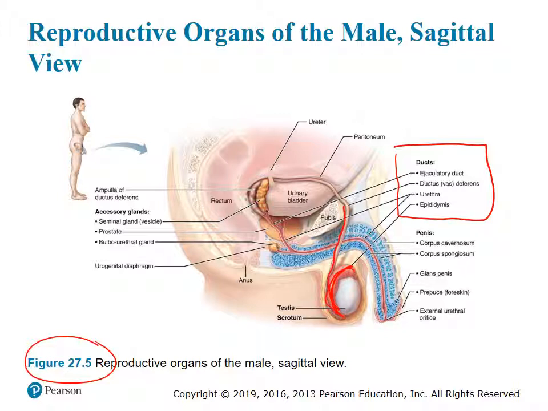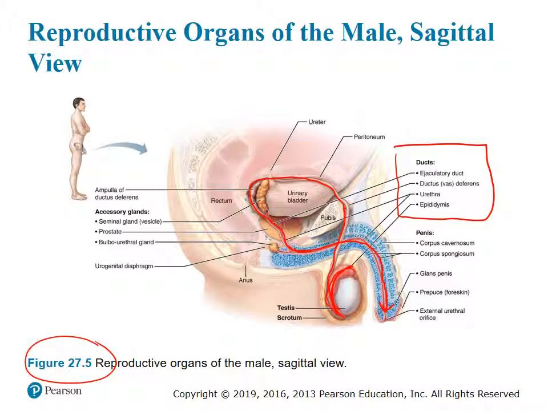It starts to swing around, if you will, and then becomes the ejaculatory duct. And here at the ejaculatory duct, once we get into the base of the penis and into the actual penis itself, we would call that the urethra. And again, those are the systems of ducts.